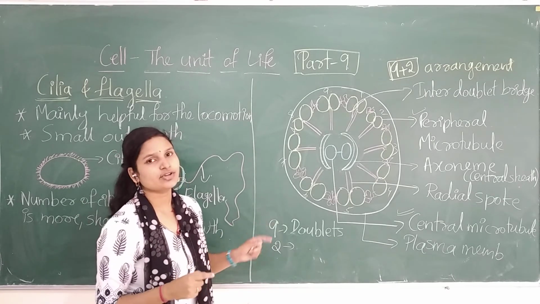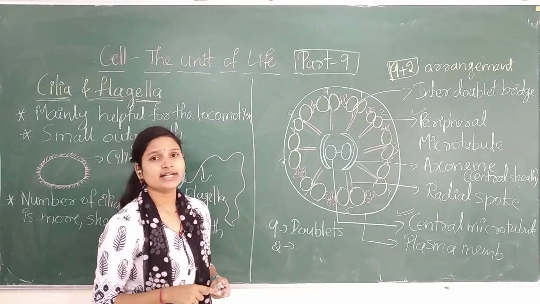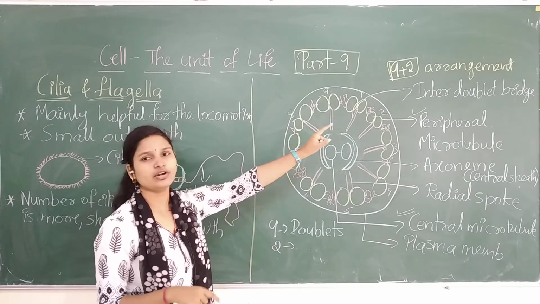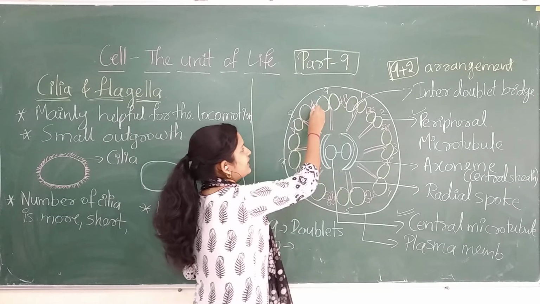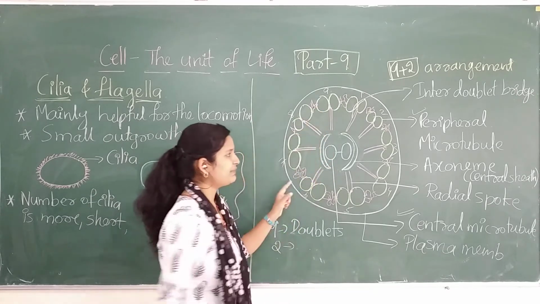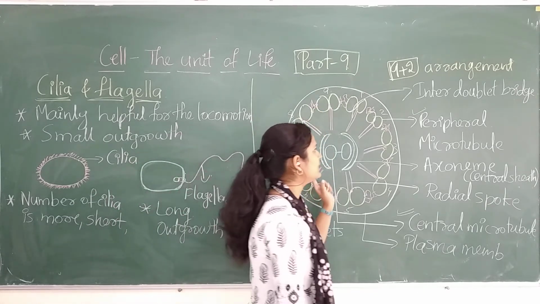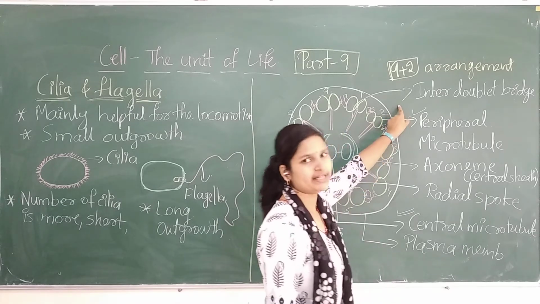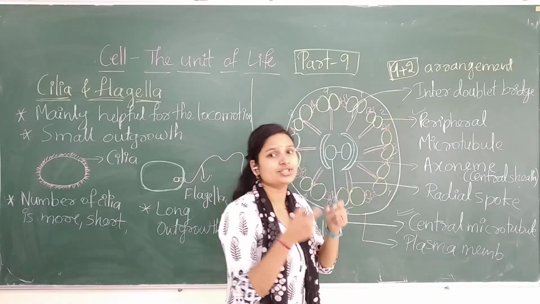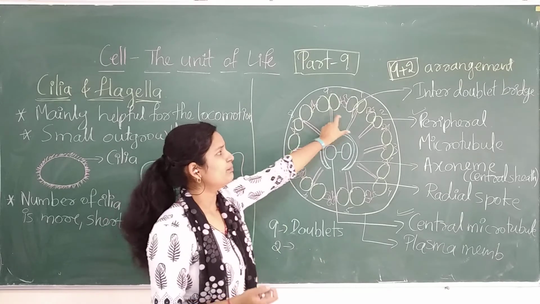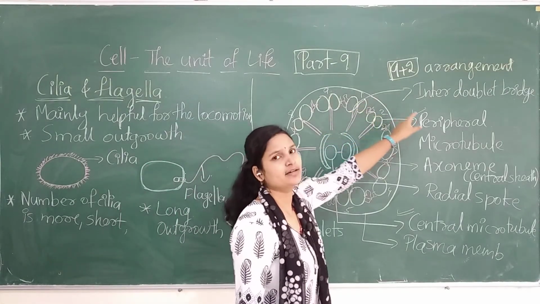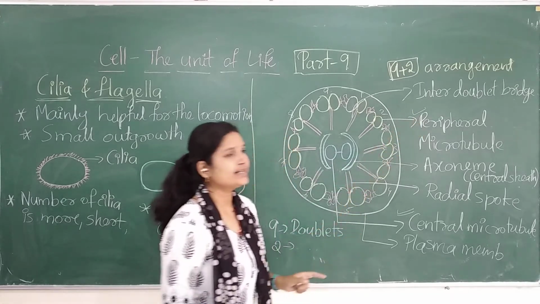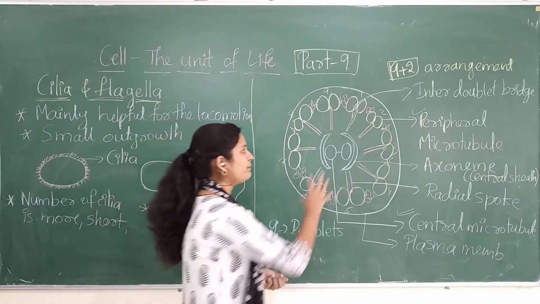Because of the presence of 9 peripheral and 2 central microtubules, the arrangement is called 9 plus 2 arrangement, and these are interconnected by these pink color structures, that we call interdoublet bridge. These are the bridges which are connecting 2 microtubules.